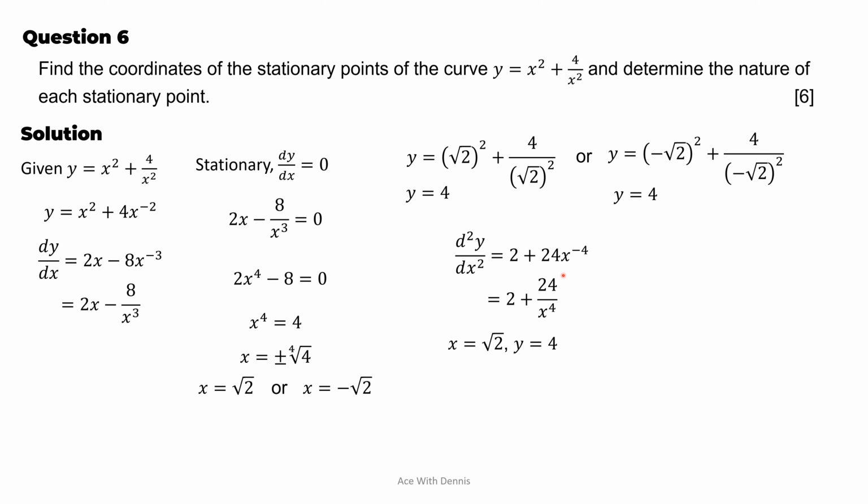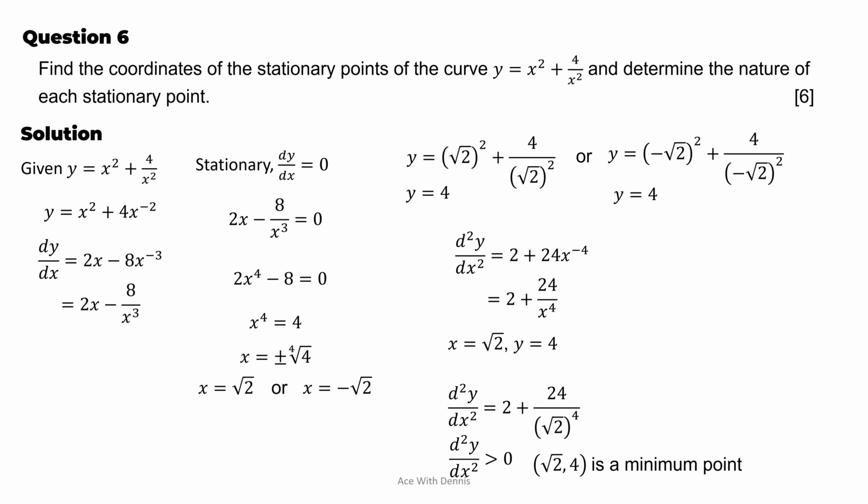So we substitute. For the first point, x is root 2 and y is 4. Substituting x equals root 2 into d squared y over dx squared, we don't have to calculate the actual value, but we can see that it must be positive. So this point, root 2, 4, is the minimum point.